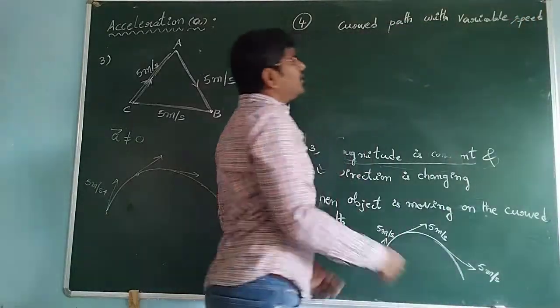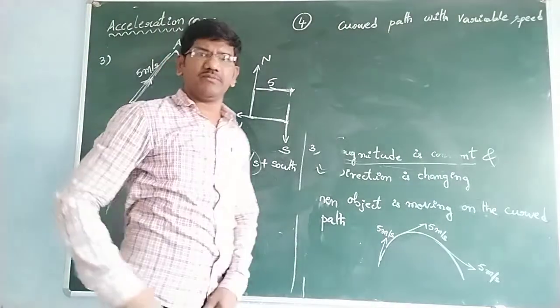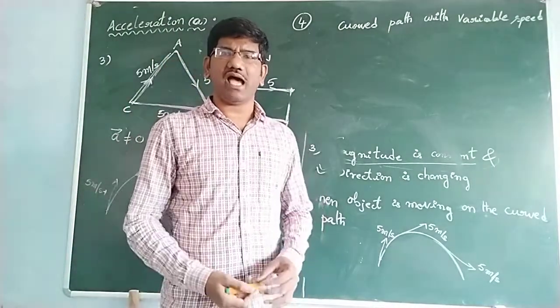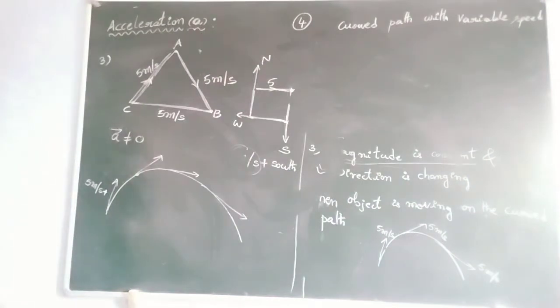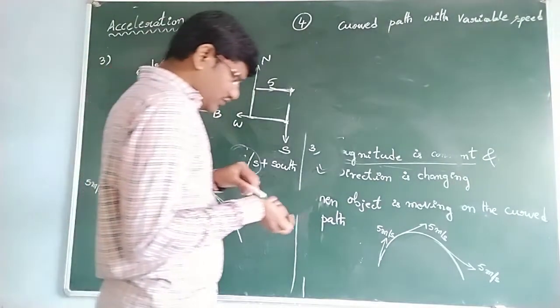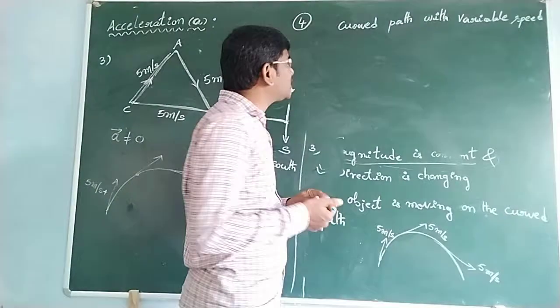Object is moving on the curved path with variable speed. Then also it is having acceleration. Okay students, in that situation also it is having acceleration.